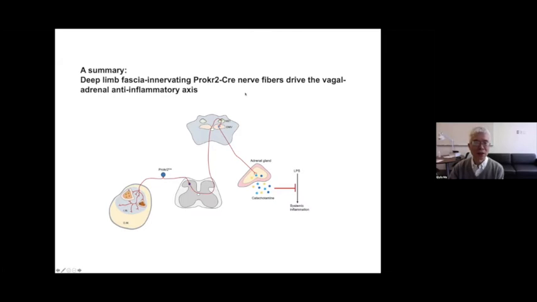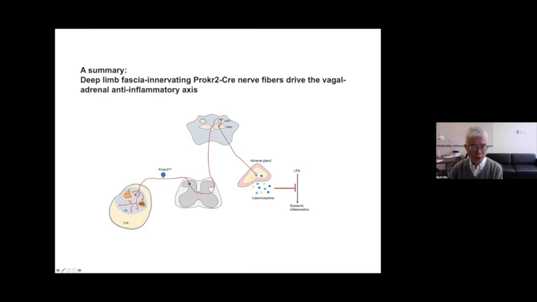So what I told you today, based on this anatomic study, is that we discovered a group of neurons showing deep innervation to the deep fascia surrounding the bone periosteum, or muscle containing slow-twitch muscle fibers, those are deep muscle.